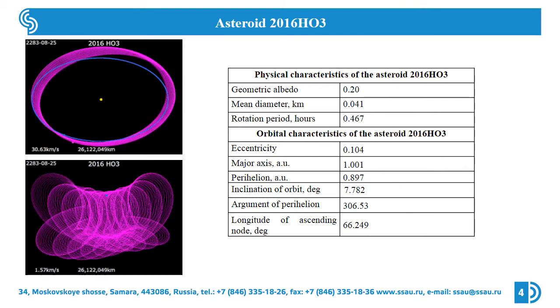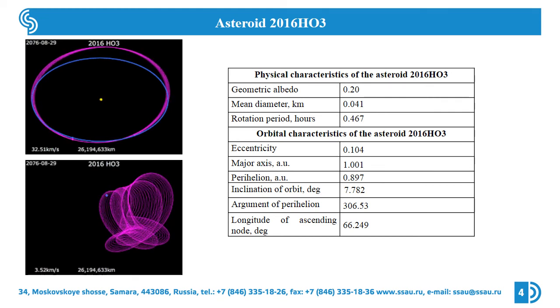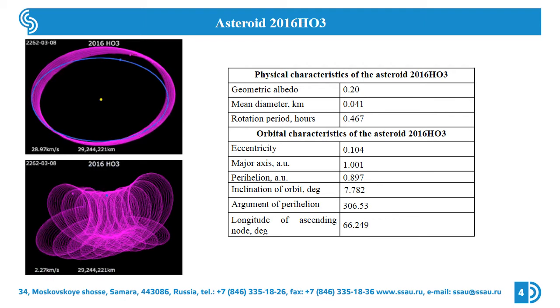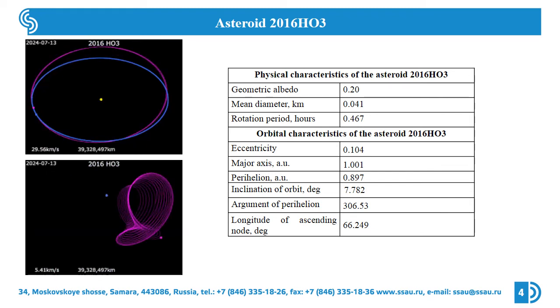It is assumed that the asteroid 2016 HO3 moved in the same orbit with the Earth around the Sun until about 100 years ago. It was captured by Earth's gravity. Many astronomers at first even considered it space debris, a piece of some rocket.